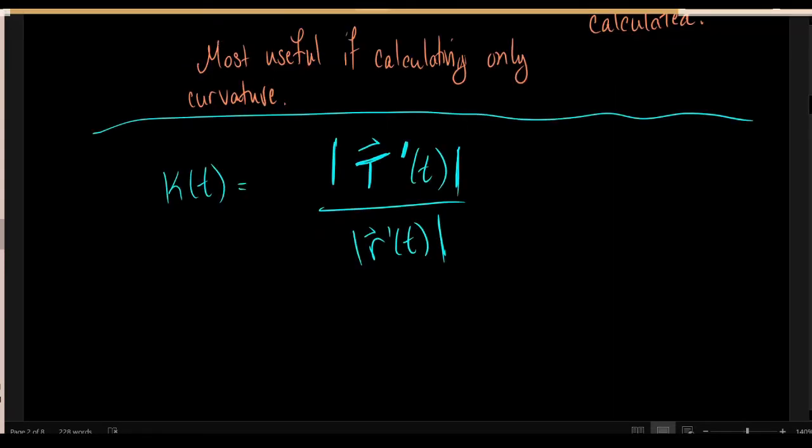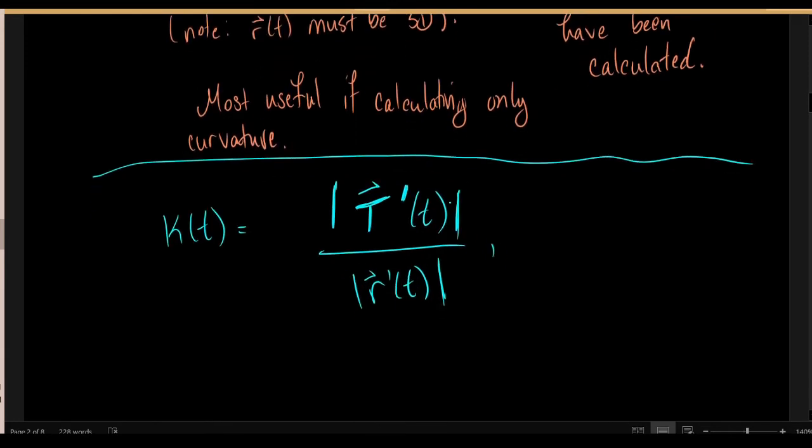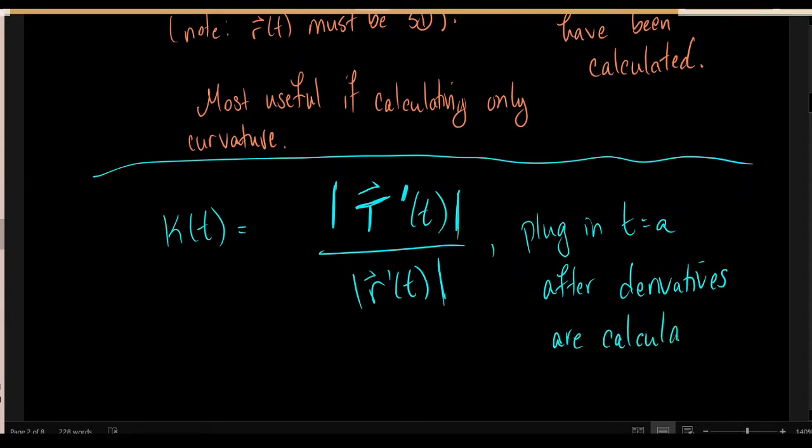Once again, only when all your derivatives have been calculated is it safe to plug in t equals whatever value you have been given. This is most useful in the case where you're calculating the curvature and the T and B vectors in the same problem, because when you're going to calculate the unit tangent vector, you need to get this quantity r prime anyway.